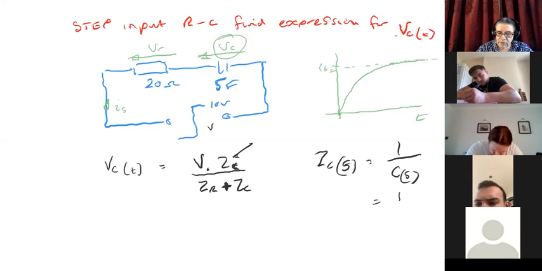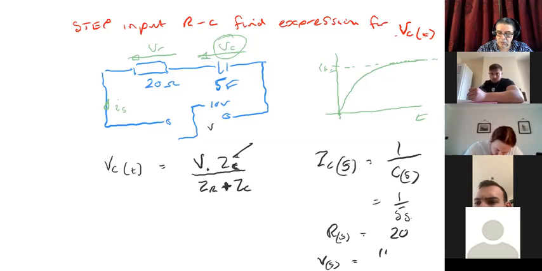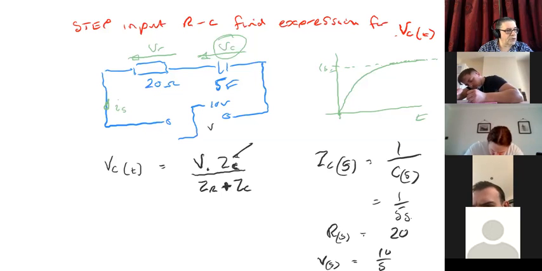So that's 1 over 5S. R in the S space is just equal to 20. And the voltage applied in S space is equal to 10 over S. You're all happy with where those come from?